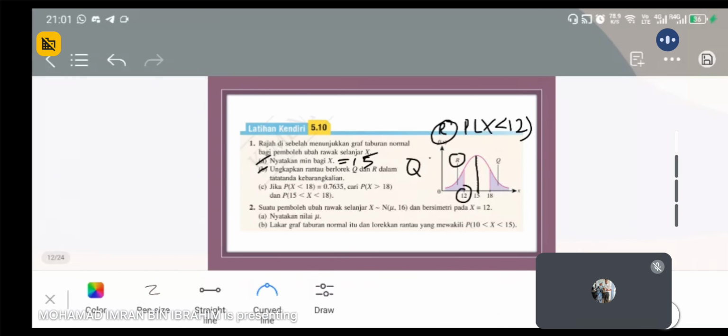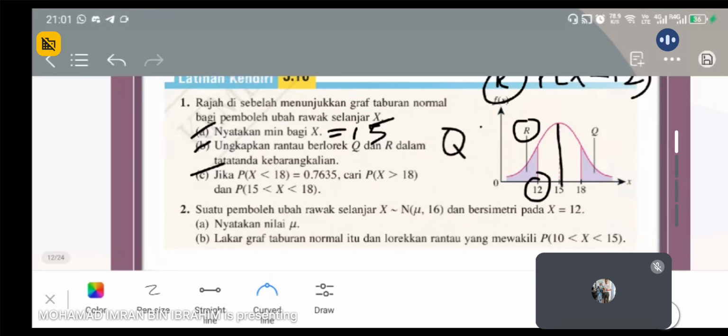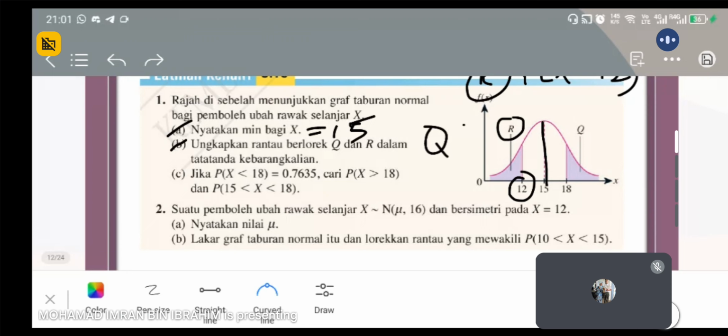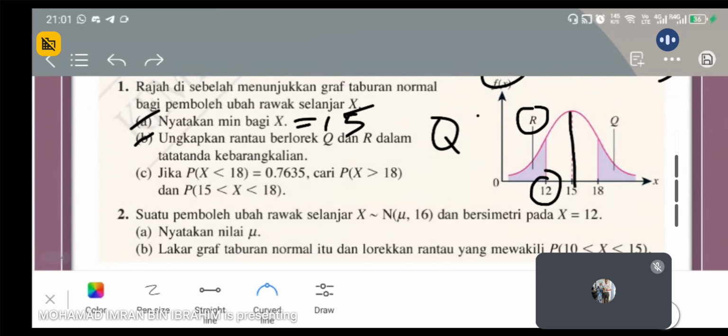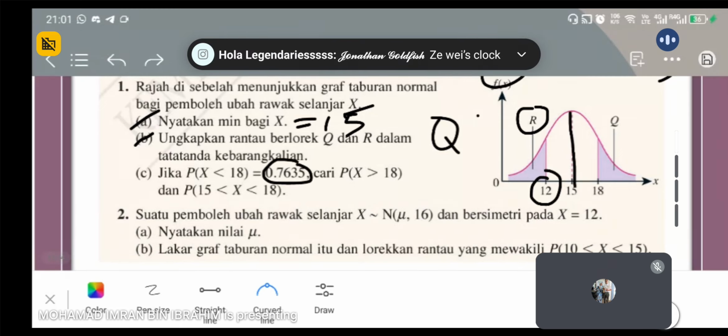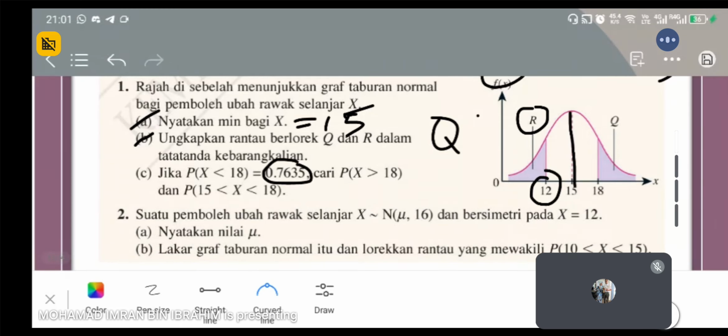Okay, so this next question is C. If the probability X equals, they give you the value already. Find the probability X is more than 18.